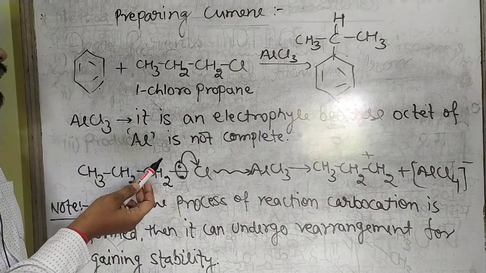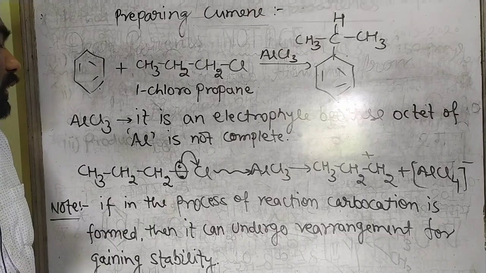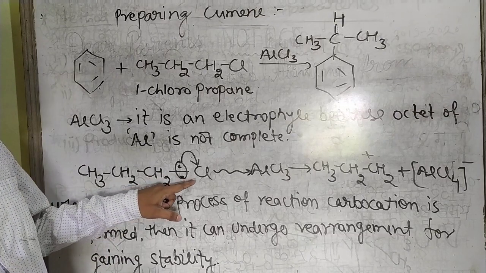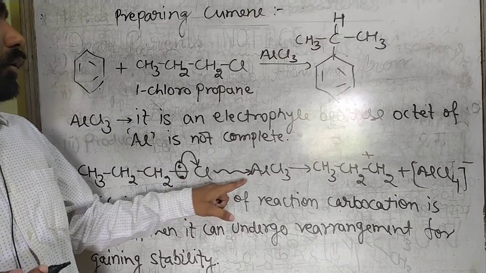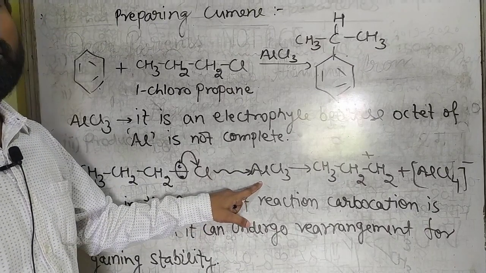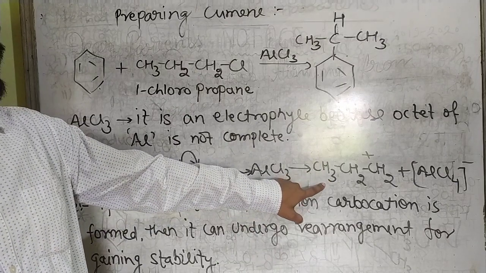Hence there is a deficiency of electrons, due to which aluminium is an electrophile. So chlorine will get detached from 1-chloropropane to donate its lone pair in the vacant orbital of aluminium. So this electrophile will get generated.